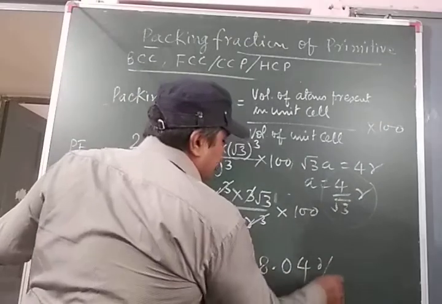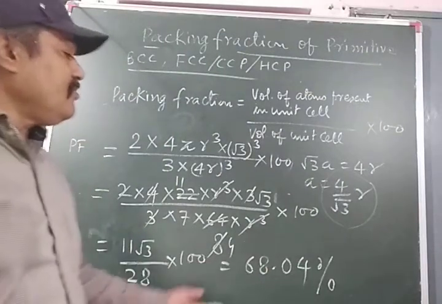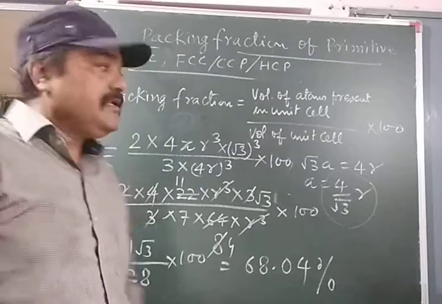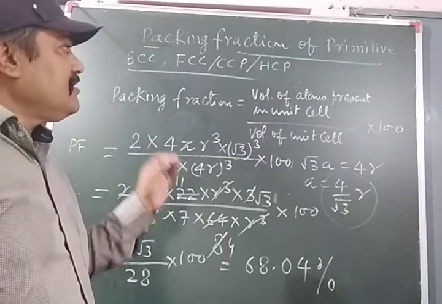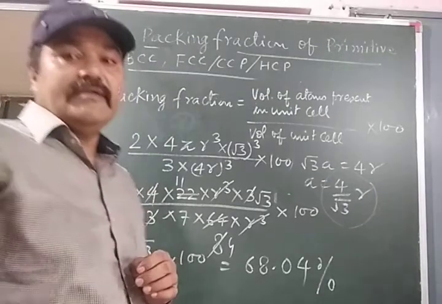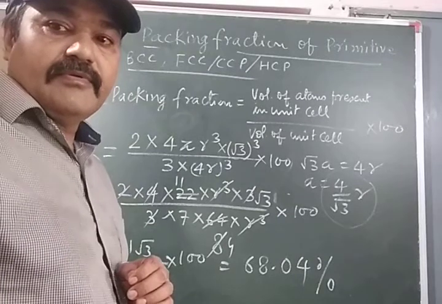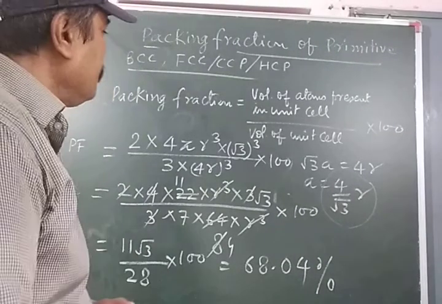तो कहने का मतलब ये है कि 68.04% of the unit cell is covered by the atoms which is present in BCC unit cell. Okay.